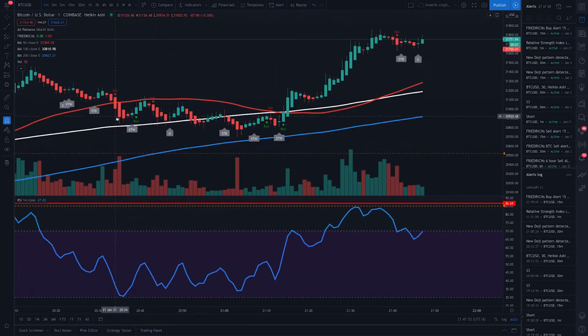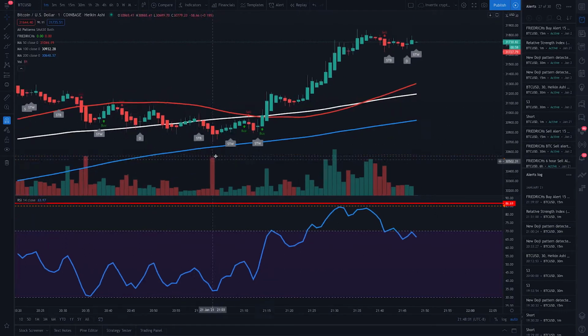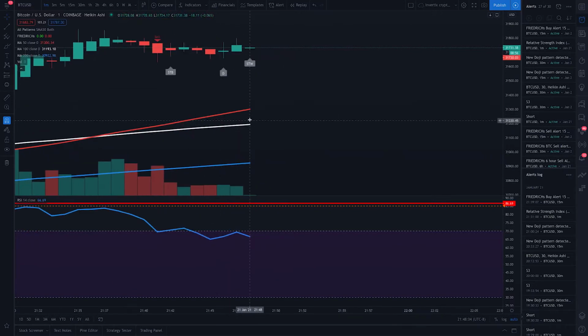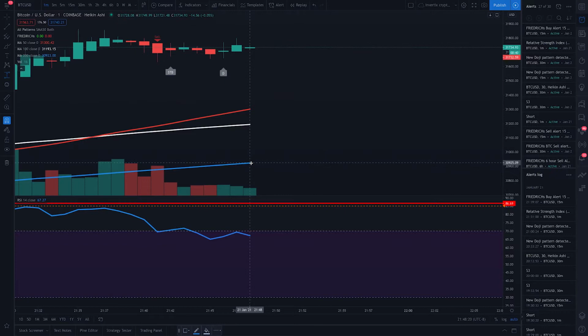Now, as far as the moving averages are concerned, again, for a short position, we want the red to be on top, the white to be in the middle, and the blue to be on the bottom. But we're looking for clear separation between the three lines, and we want them to kind of be evenly spaced. So as you can see here, the blue line and the white line have a nice little chunk of room in between the two. But the white and the red line don't. It's uneven.